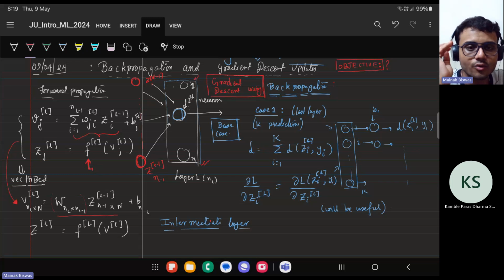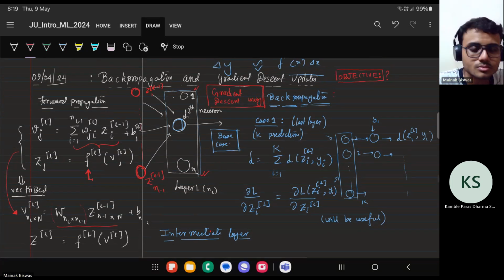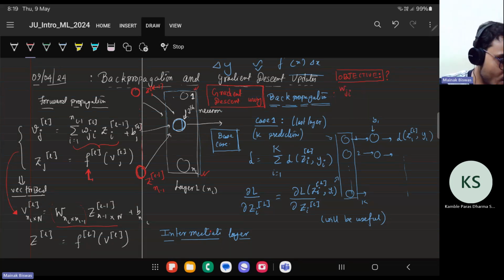Now onwards, I'll be talking about how to train this model. That is the topic of our discussion over the next 10, 15, 20 minutes. Recall the objective. The w_ji are weights, for every layer L and for all i and j.